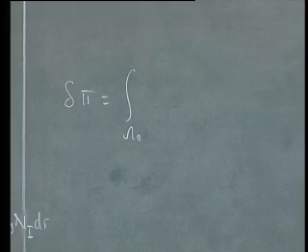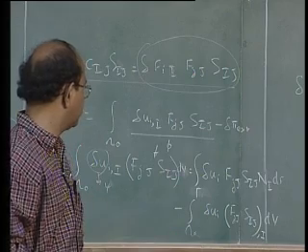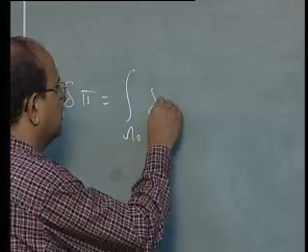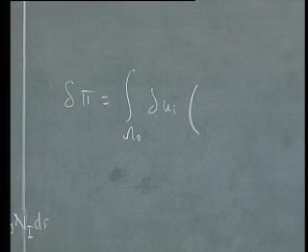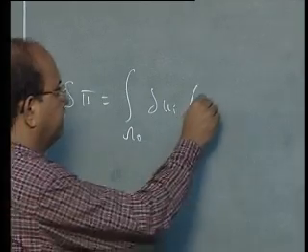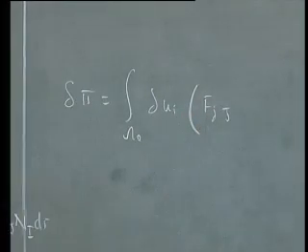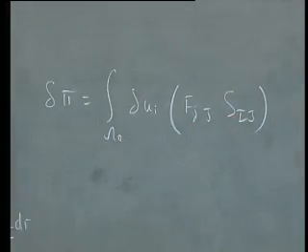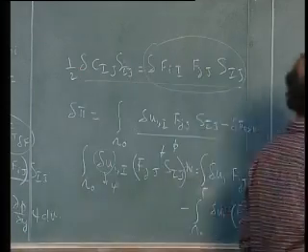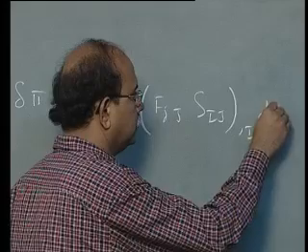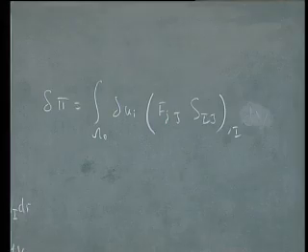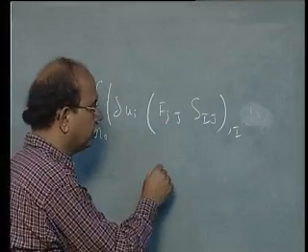So both of them would come under the complete integration, so that you would write that as delta ui into f jj sij comma I dv, or let me put the dv a little later. Then what's the second term?